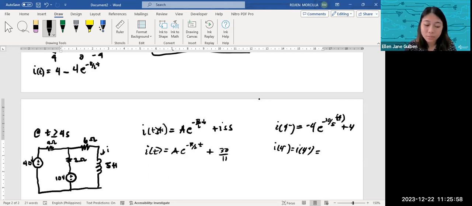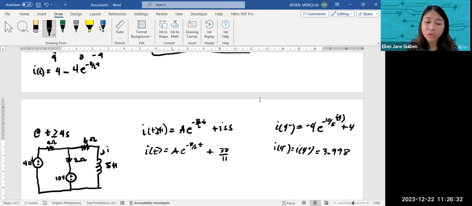So we got 3.99998. So we can check if 2 times 5. Our tau is L over R, right? L over R, which is 5 over 10. So times 5, that's around 2.5 seconds.